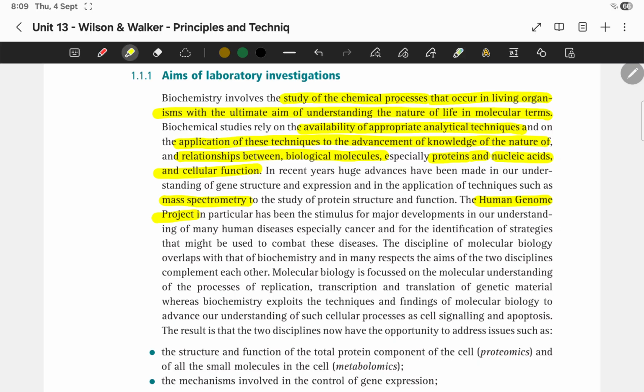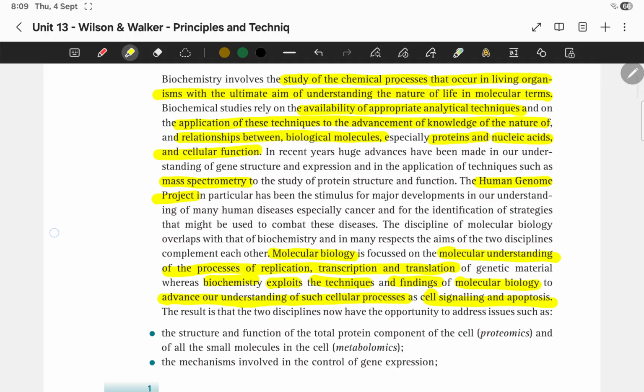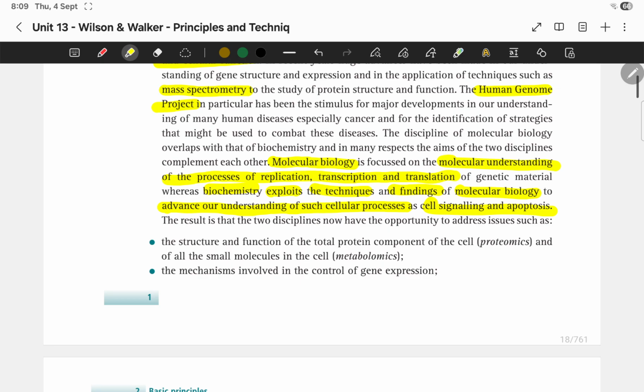We'll underline this because we need to remember it.